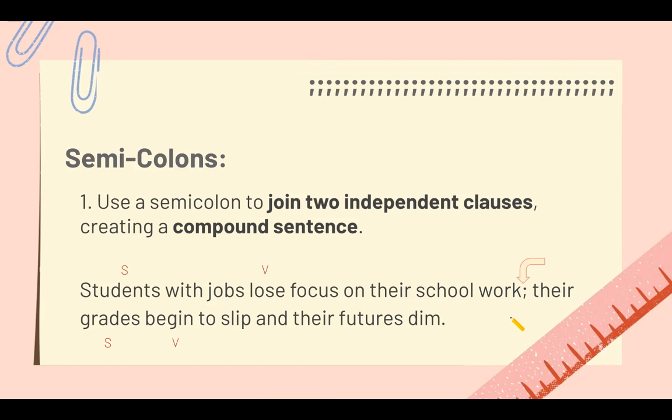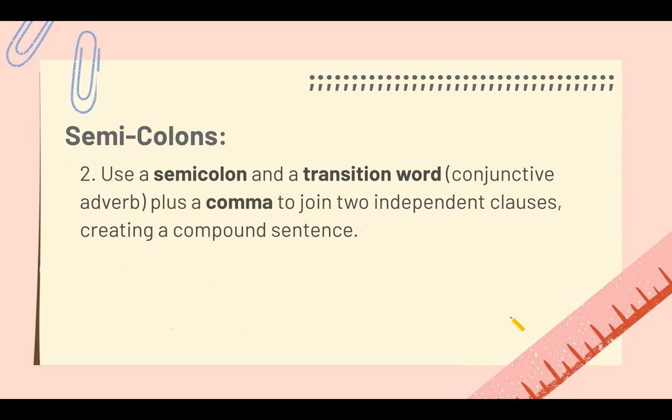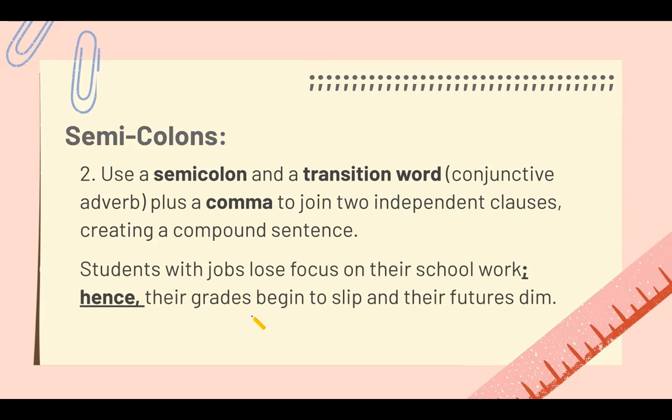Okay. Now, another way we've used semicolons, you have also seen, right? So, this is when you use a semicolon plus a transition word, those words like however, therefore, consequently, plus a comma. So, semicolon plus transition word plus comma. We've seen that before. Again, you're joining two sentences to make a compound sentence. So, here we go. Back with our negative sentence.